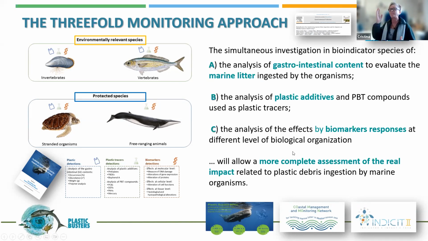So 3 steps of analysis in order to answer the question of the impact on the health of species. And this approach was developed and applied in different projects at Mediterranean level: Plastic Buster MPAs, Common, UNISI 2, and now we apply it with you with the Plastic Buster Cup.